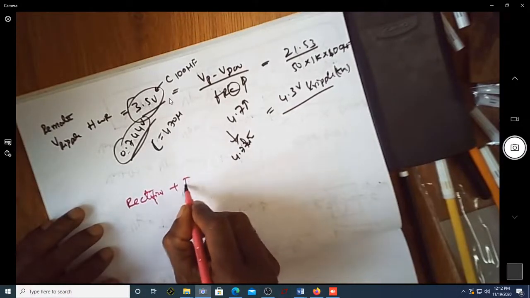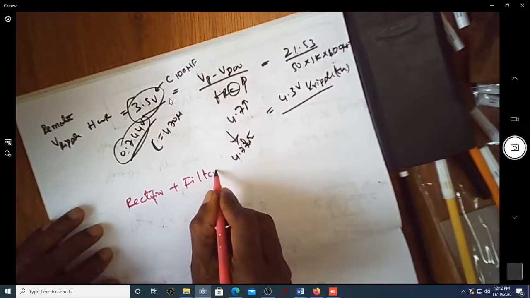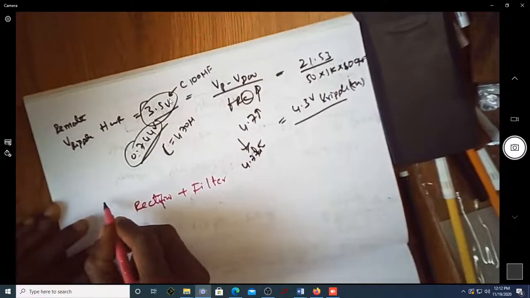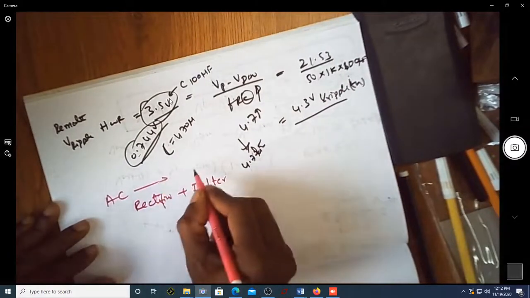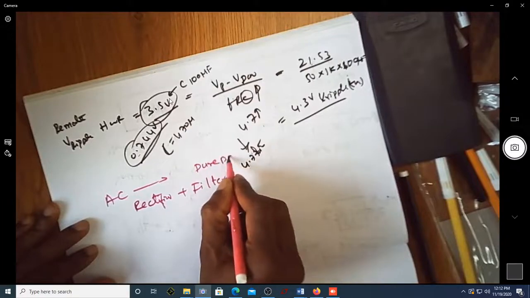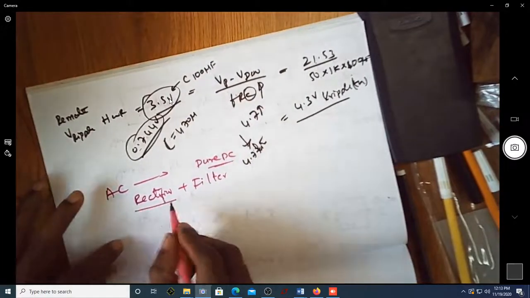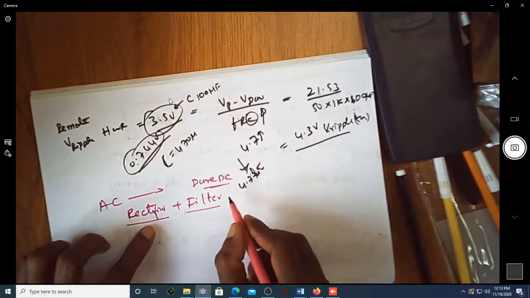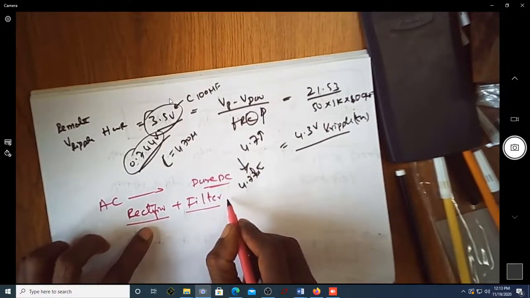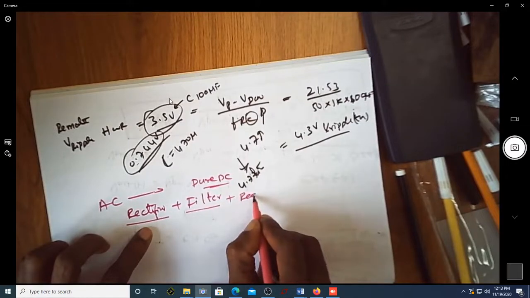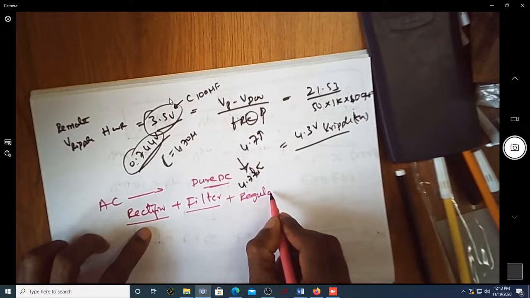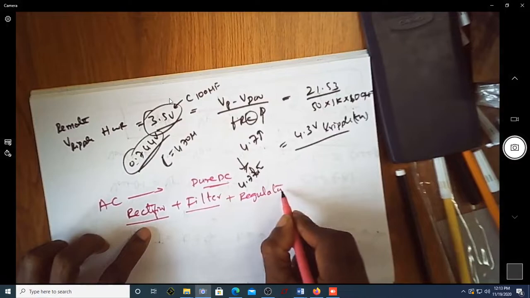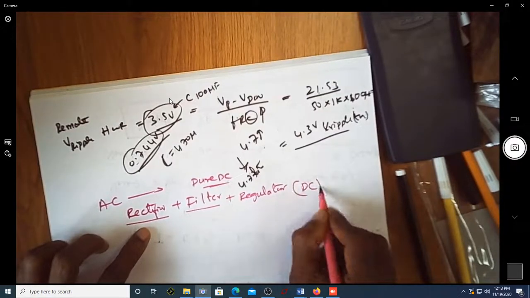The entire intention is to get a pure DC from an AC signal. Still here it was a half wave rectifier signal. Here it is still pulsating DC, or you still have some ripple voltage. If you put a regulator, then it should give a pure DC signal.